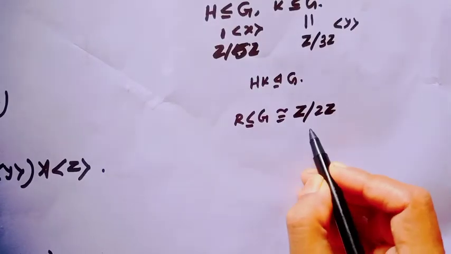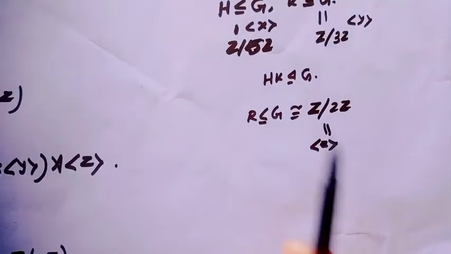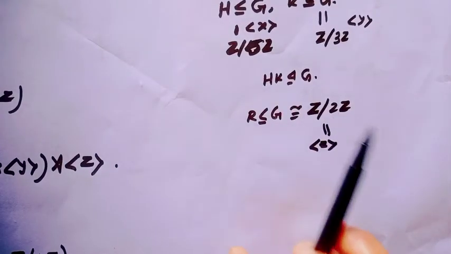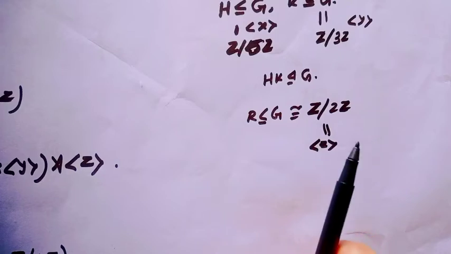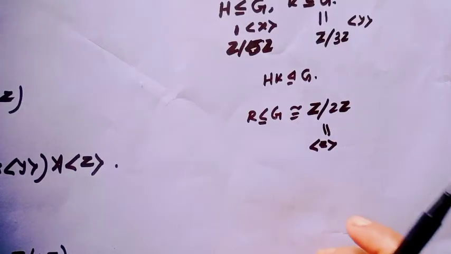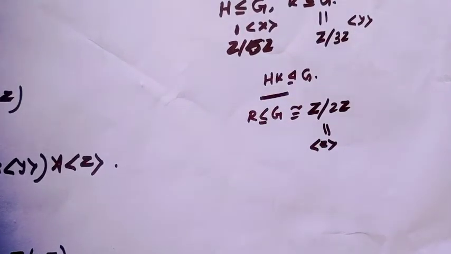Consider this subgroup also generated by the element Z, and the intersection of these two subgroups, HK and R, are prime to each other. So here the Sylow 2-subgroup is a complement of HK in G.